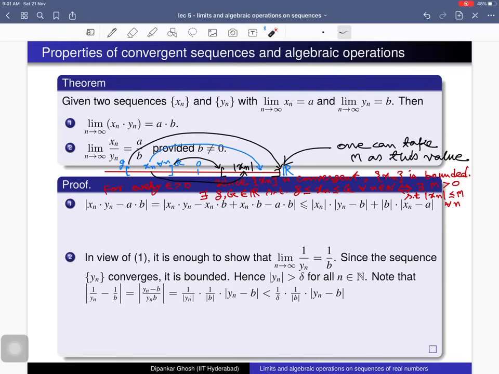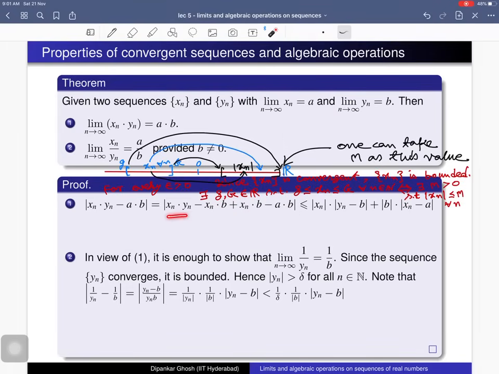Okay, and then we will use this fact to prove that this distance is less than epsilon after a certain stage. We will use again these two limits, and these two limits satisfy the epsilon-n condition. So this distance we can write in this way: we can subtract and add this value. Then it is less than or equal to the absolute value of this thing plus the absolute value of this.